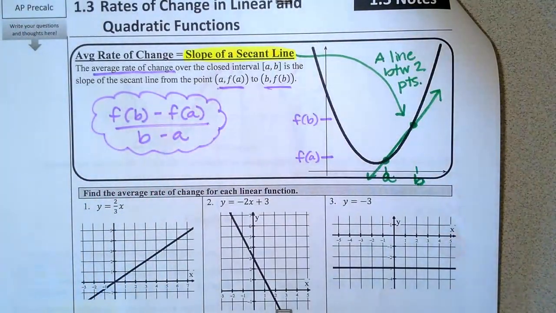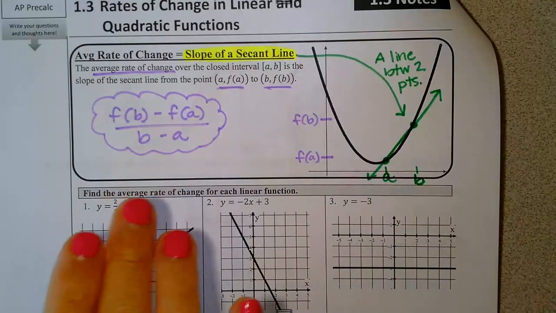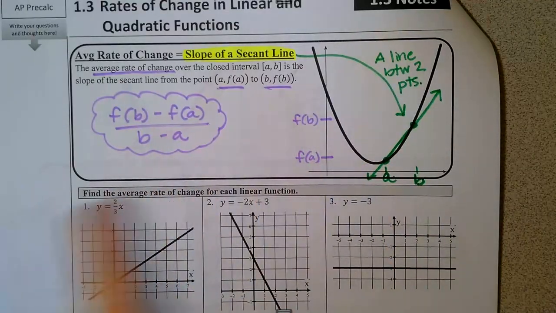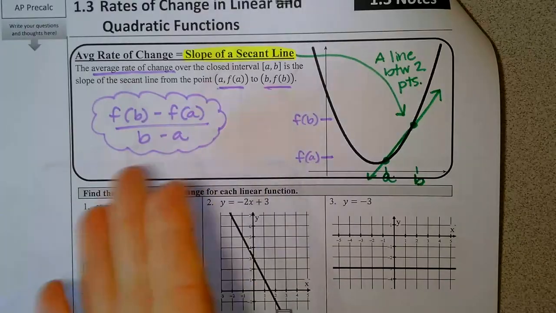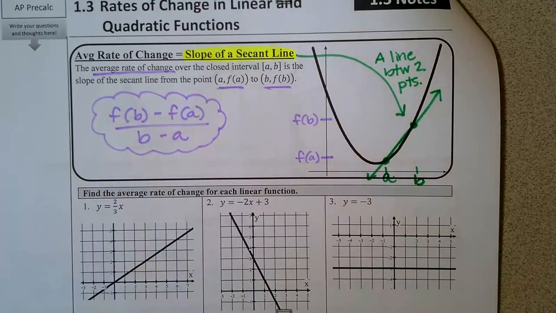Just to clarify, I know it looks kind of ugly, doesn't it? But it really is just y2 minus y1 over x2 minus x1, just written in a different form. Try not to over analyze it, okay?